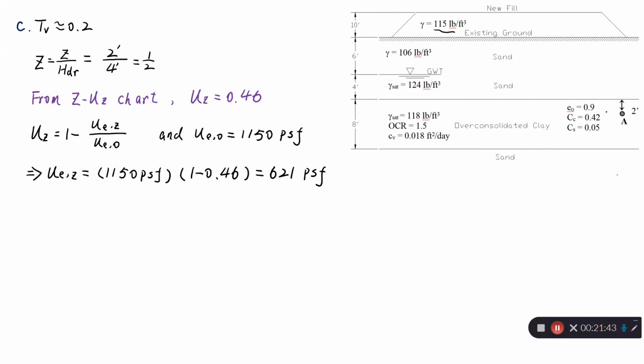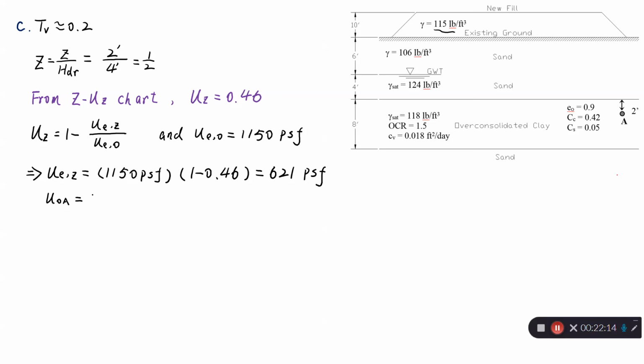That is the additional pore water pressure added to point A after the fill is put in place. The original pore water pressure at A is going to be the pressure head, the distance from A to the groundwater table, so it's going to be 2 plus 6.